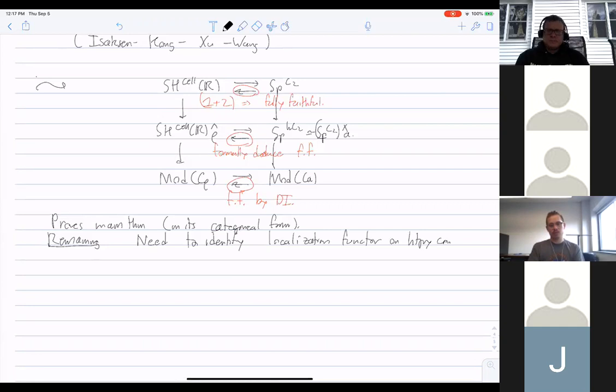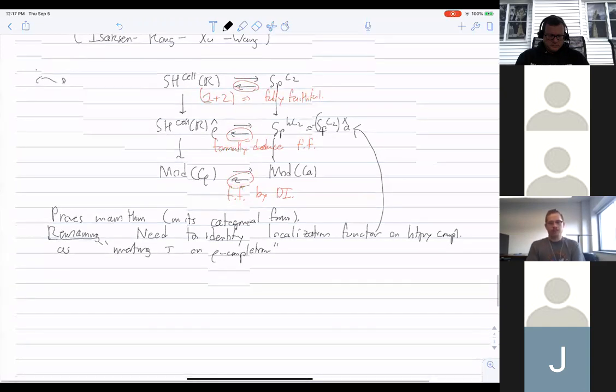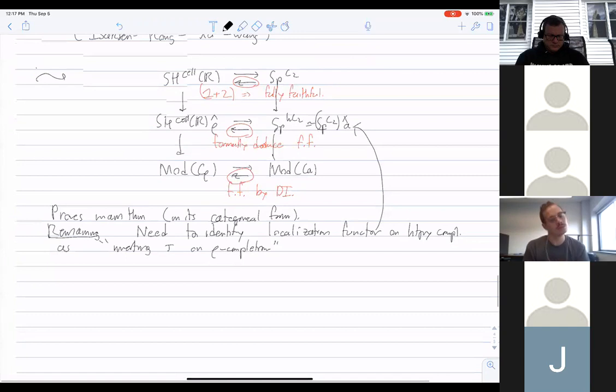That's to say, this one over here, as inverting tau on the rho completion. And the statement is not quite accurate, and I'll explain why.